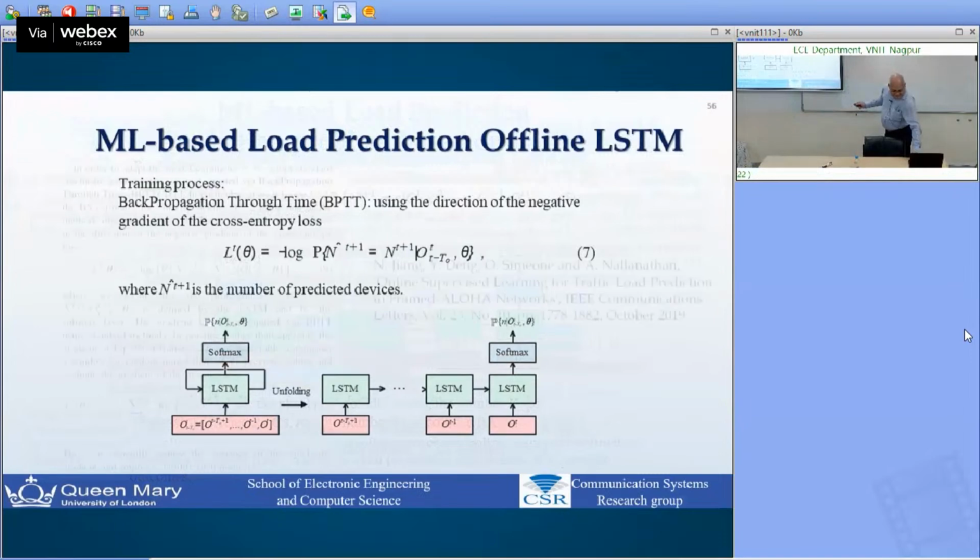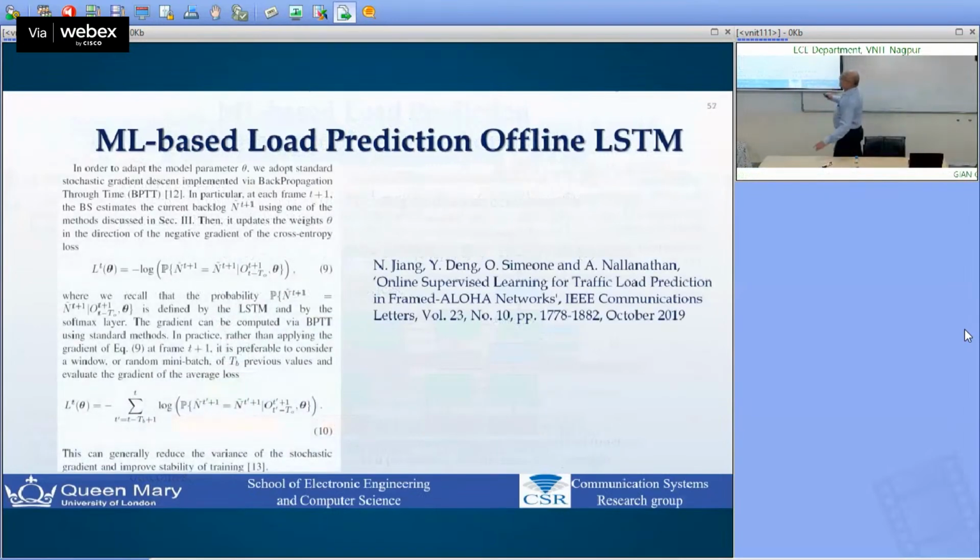How it is updated: using the stochastic gradient method, we update such that the loss function is the cross entropy loss. In that way we can do the training.